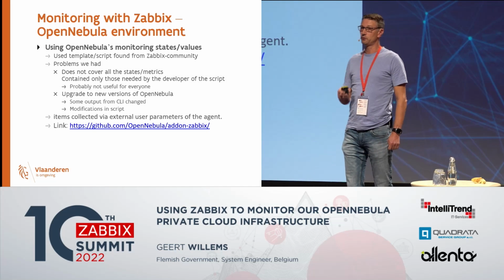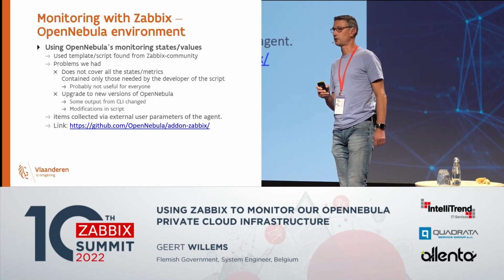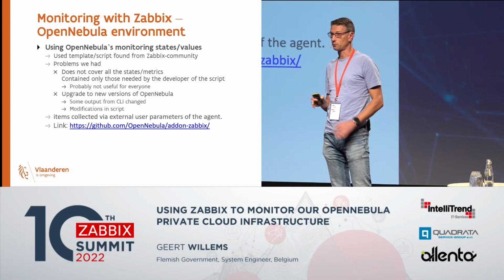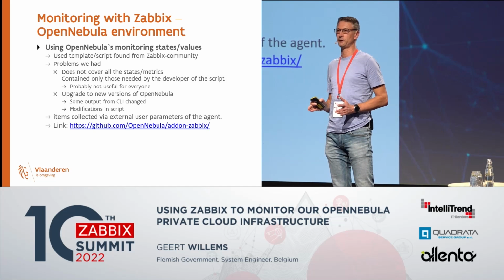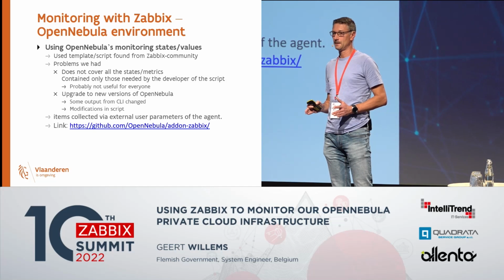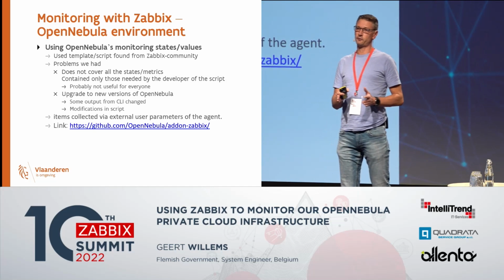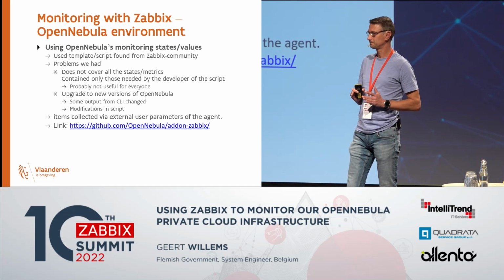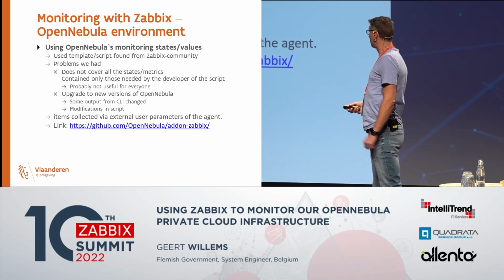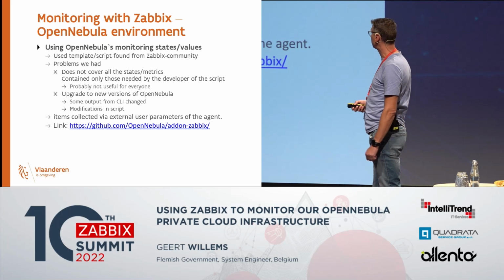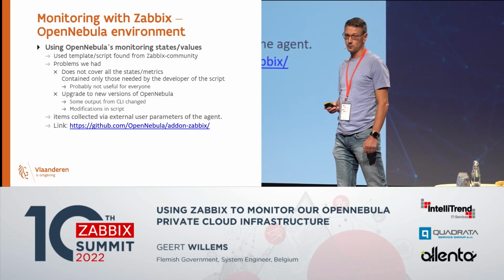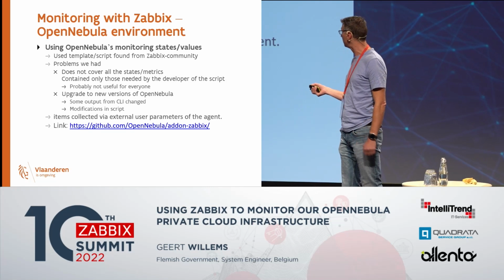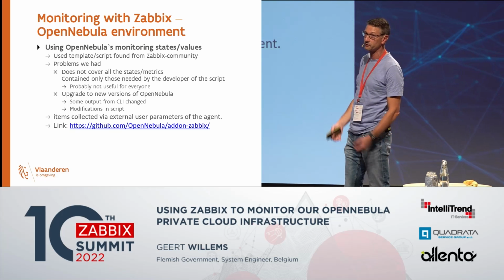And the biggest issue that we had was when we upgraded OpenNebula to version 5, some of the output of the CLI commands changed, so we had to modify the script. To be honest, we only focused on those metrics we were interested in. All these items are collected via the external user parameter of the agent. And for those who are interested, this is the link where we found the template script from the community.